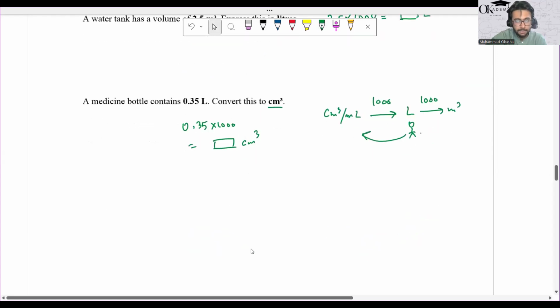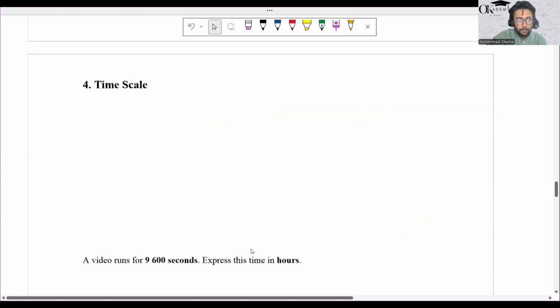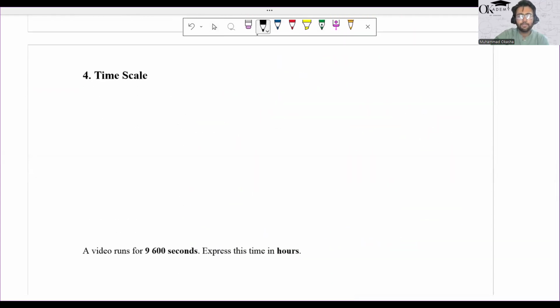That's it. Number 4, time scale. Time scale is interesting. So the smallest unit, of course, there are smaller units as well, but I'm going to start with seconds, minutes, hours, days. And if you're given years, you can also use years as well.